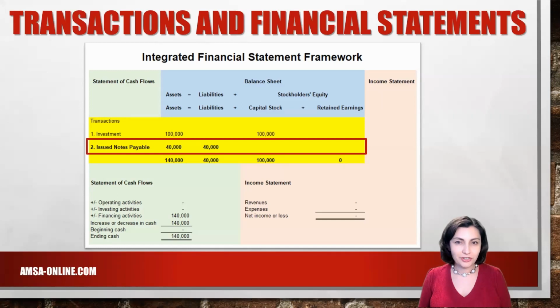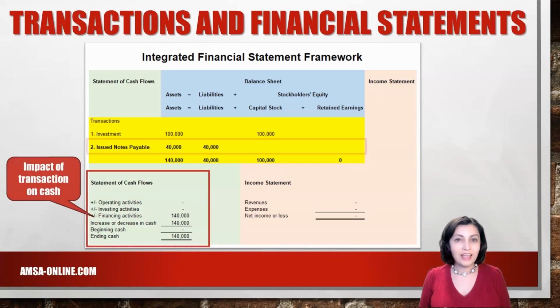By borrowing cash, cash increases by $40,000 and liability also increases by $40,000. Cash flows from financing activities include cash flows related to borrowing and stockholders' equity. Therefore, under the statement of cash flows column, this transaction increases cash flows from financing activity by $40,000.